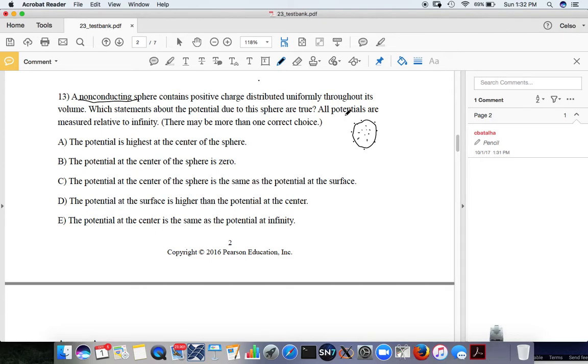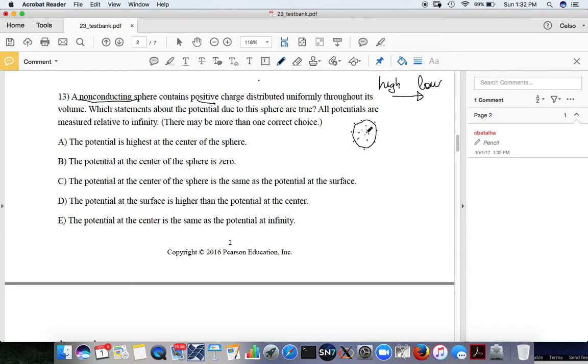Now, if the charges are positive, which statement about potential is true? The electric field goes only from high potential to low potential. That's the direction of the electric field. We saw previously in class the electric field for a non-conductive sphere using Gauss's law.